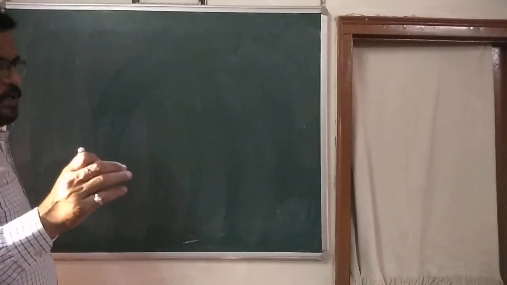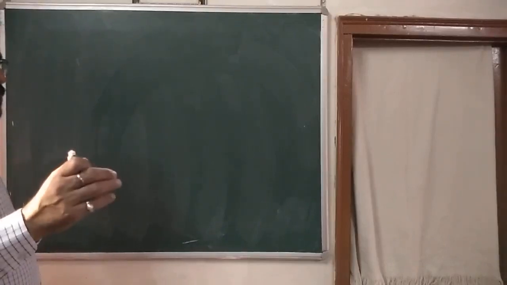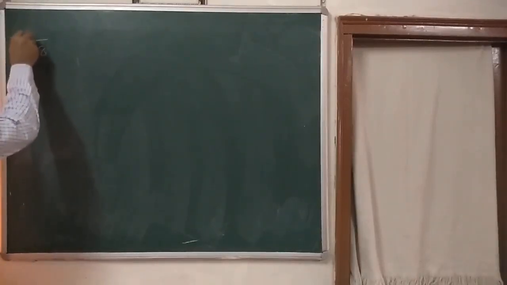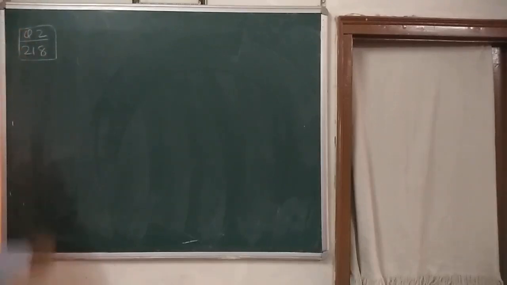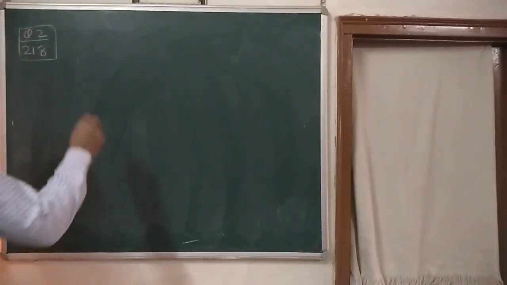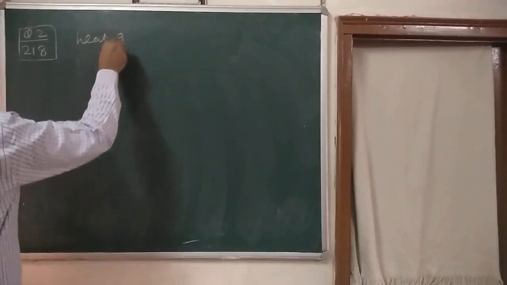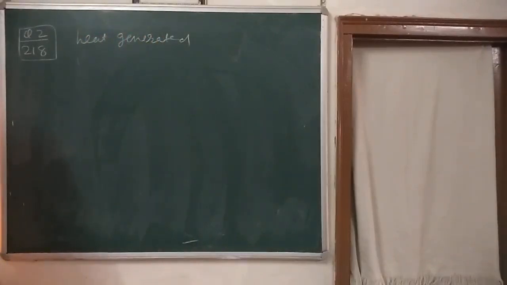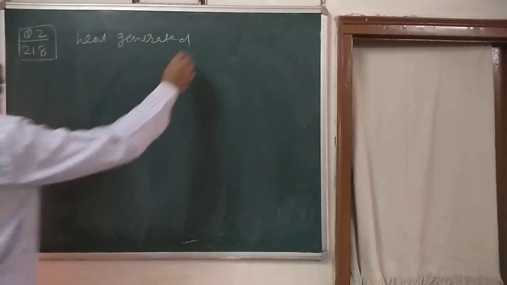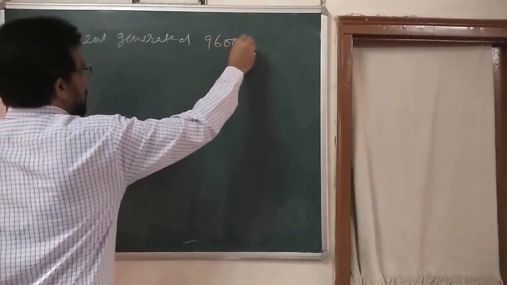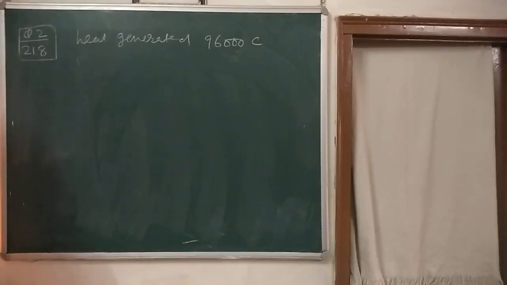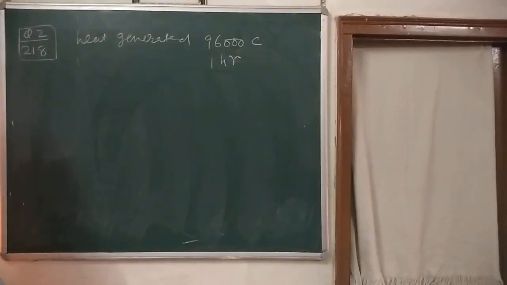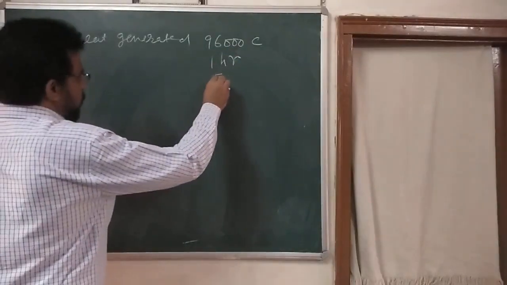Again, take some more questions of the NCERT textbook, intext question at page number 218, question number 2. See that question. Compute the heat generated while transferring 96,000 coulomb of charge in 1 hour through a potential difference of 50 volt.